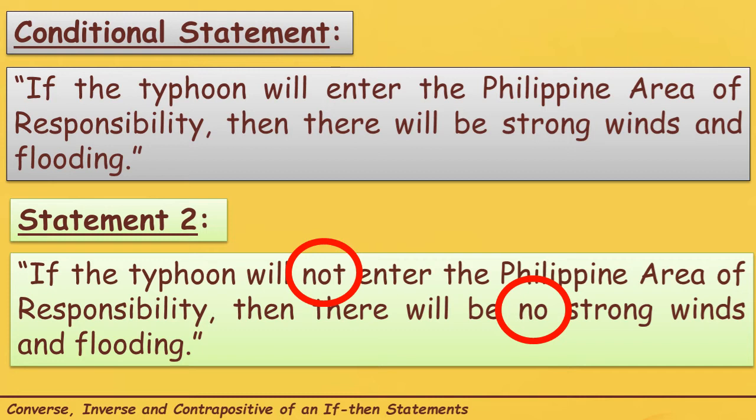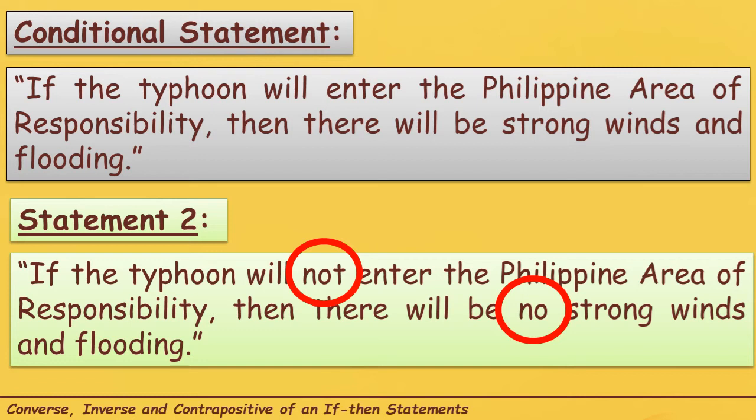Kung mapapansin natin, sa hypothesis, the typhoon will enter the Philippine area of responsibility. Dito sa statement number 2 natin, naging the typhoon will not enter the Philippine area of responsibility. Nadagdagan tayo ng word na not. Ibig sabihin yan, we just negated the hypothesis. So, ninegate natin yung hypothesis.